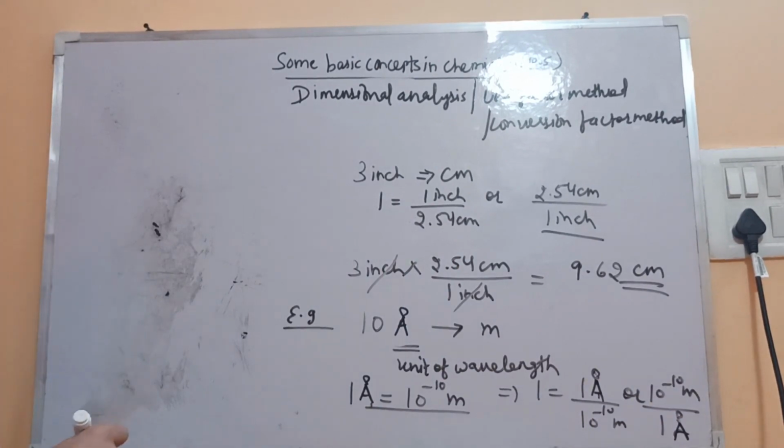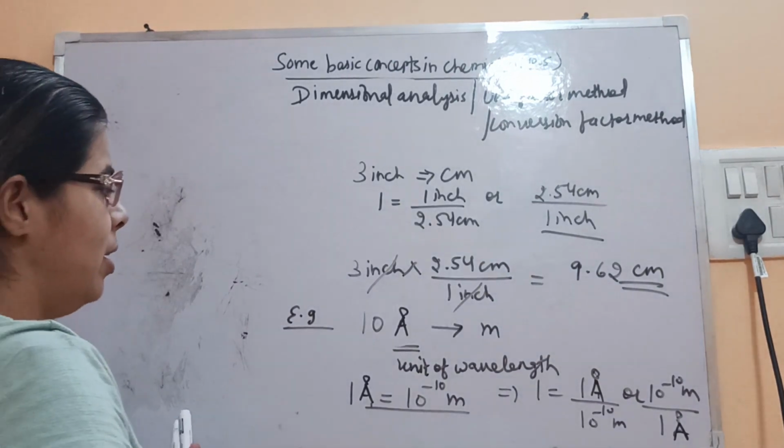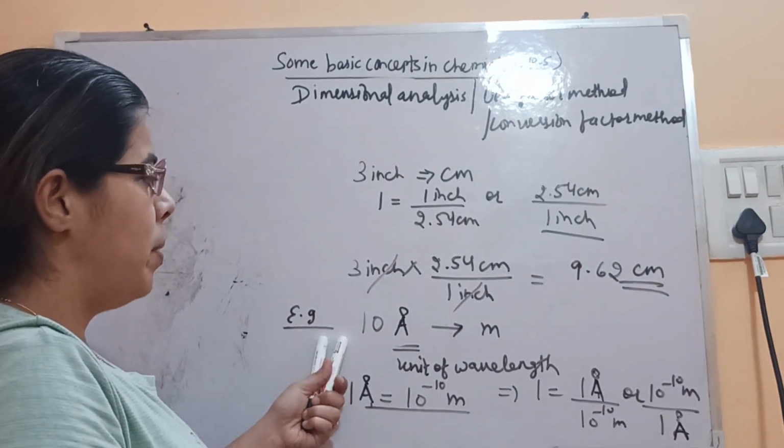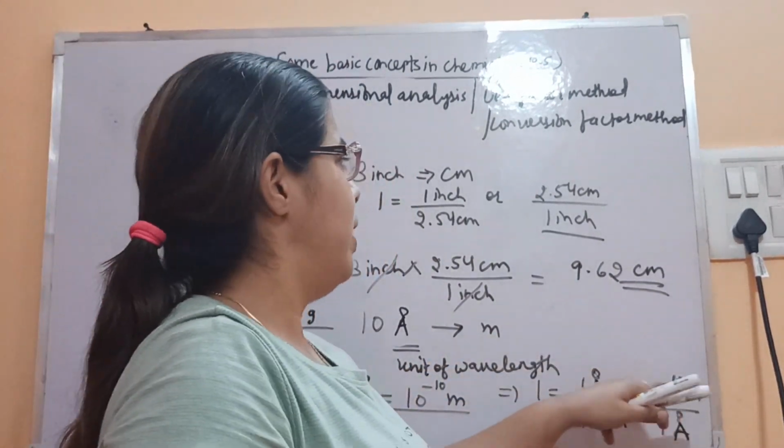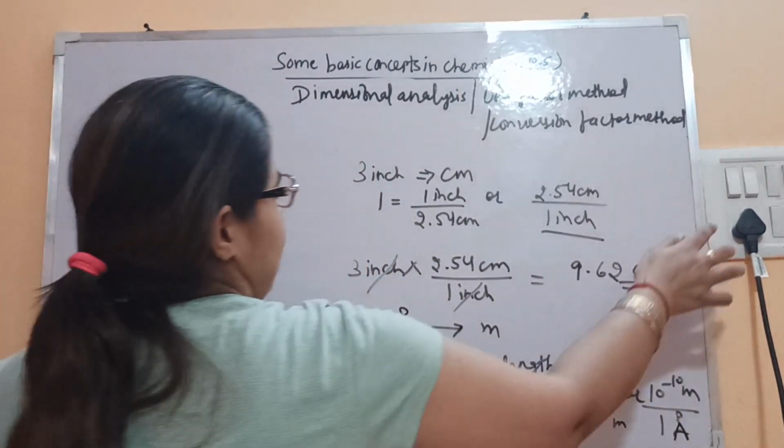Fine. So which conversion factor will we use now to convert 10 angstrom to meter? Angstrom has to be converted, so it goes in the denominator. Meter is required, so it goes in the numerator. Okay, so let's take this.